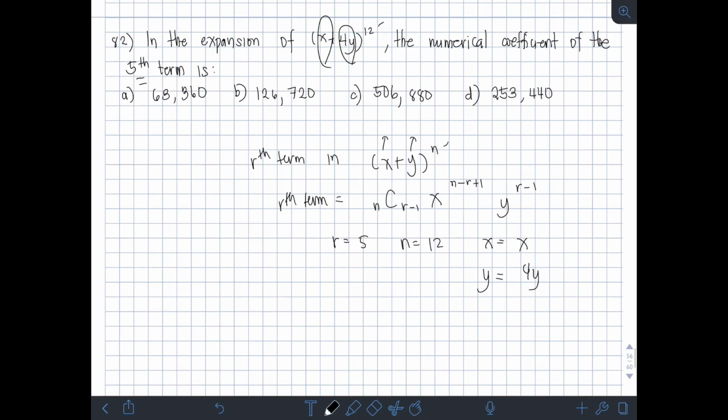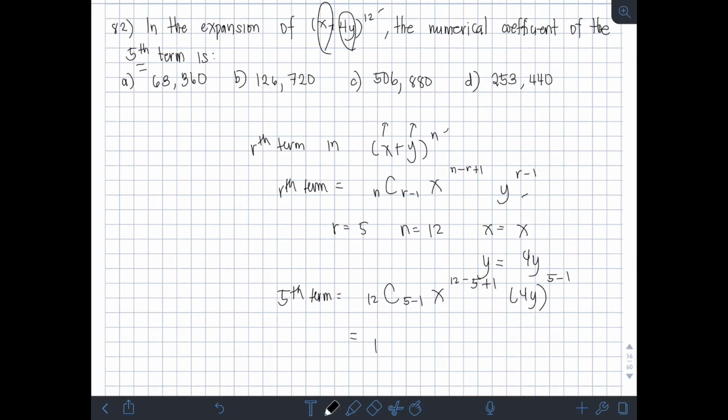Okay, so pag sinubstitute natin, fifth term is equal to n, 12c, r, 5 minus 1. First term is x raised to n, 12 minus r, 5 plus 1. Then y, yung second term is 4y raised to r, 5 minus 1.